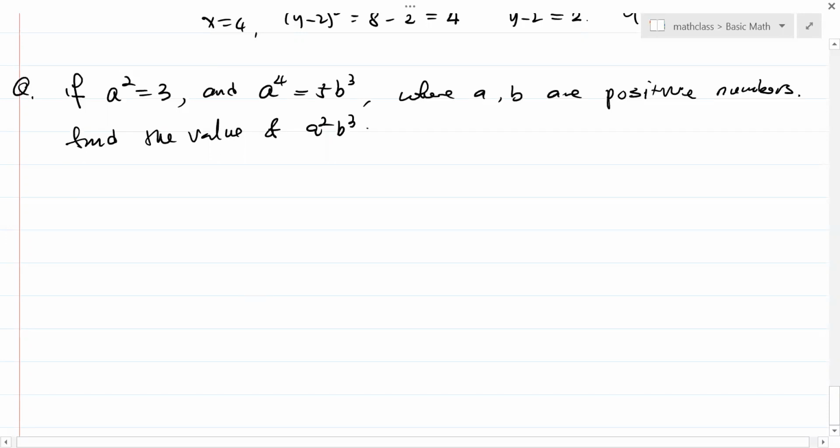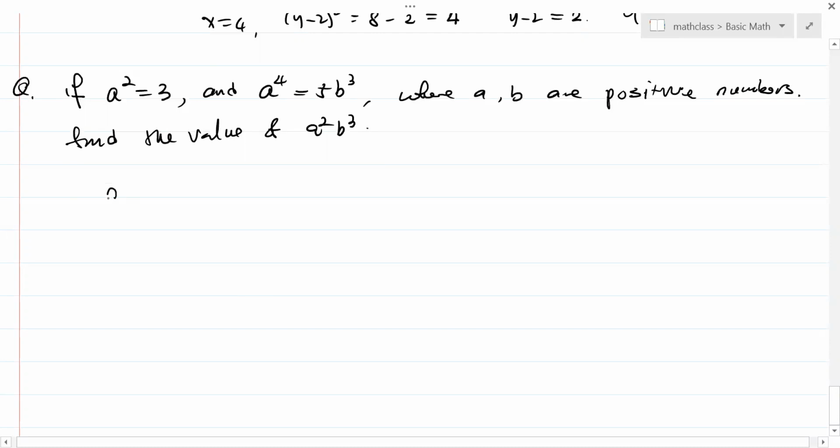Of course, you can find A and B first. First of all, you find A, then you find B, then you compute A squared, then B cubed, then you multiply, then simplify. That takes too much time.